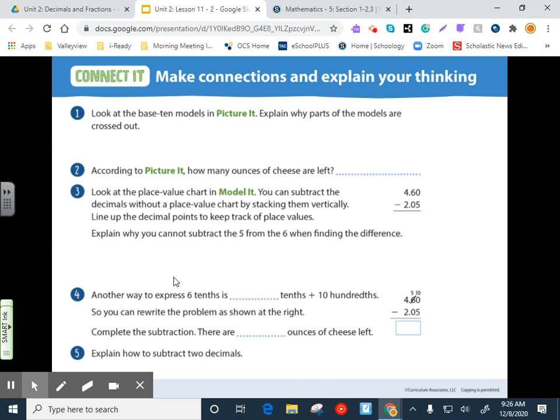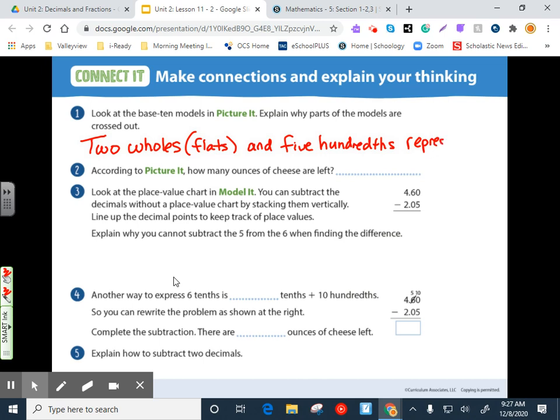All right, question 1. So look over to the left at those base 10 blocks. Look at the base 10 models and picture it. Explain why parts of the models are crossed out. Because it's the 2 wholes, and they call them flats, and 5/100ths represent 2.05.